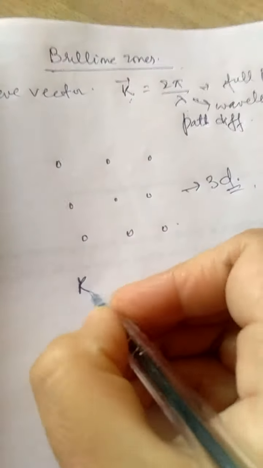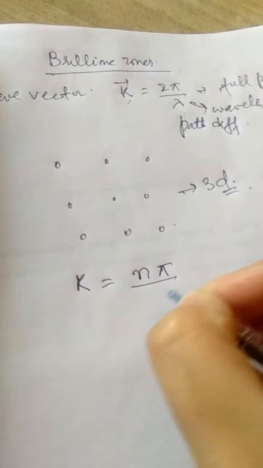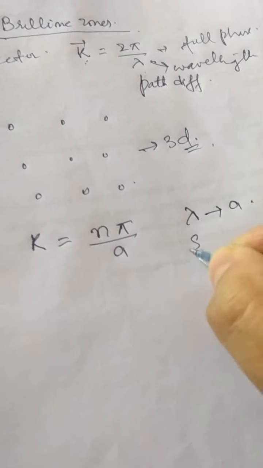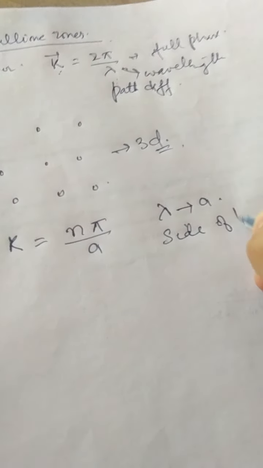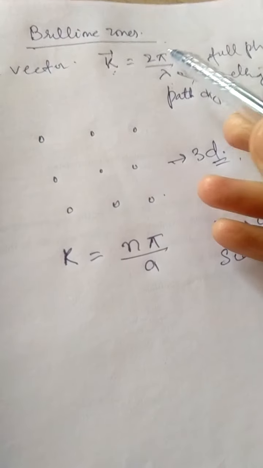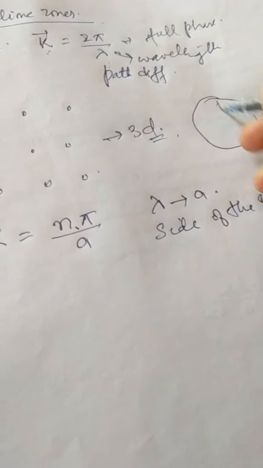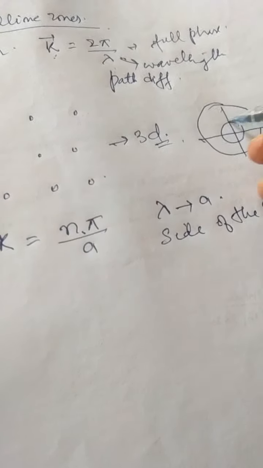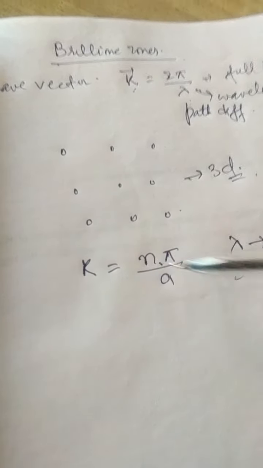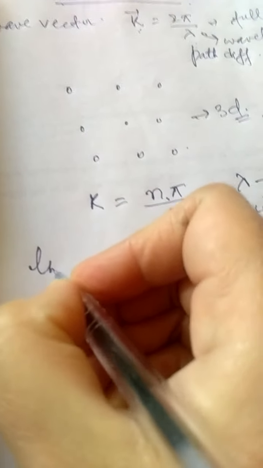So this k can be modified and written as n pi by a, where this lambda goes to a. a is the length of the side of the solid, and this 2 gets replaced by n, because we know that 2 pi is generally the angle in the plane, but once we are dealing with 3D, we have to replace this 2 by n.